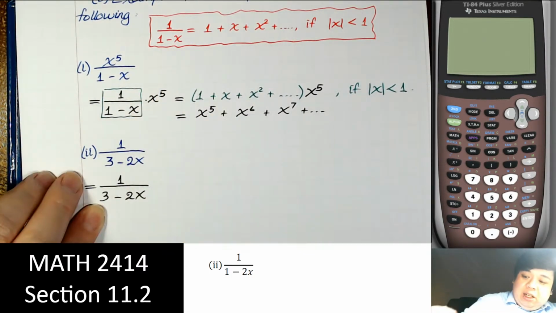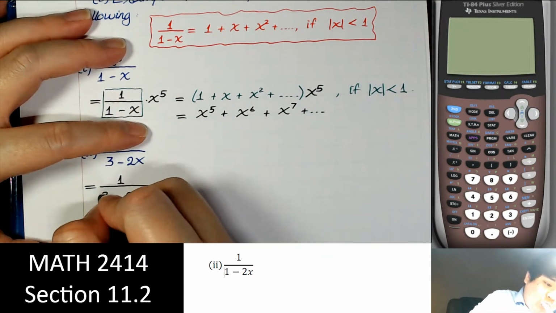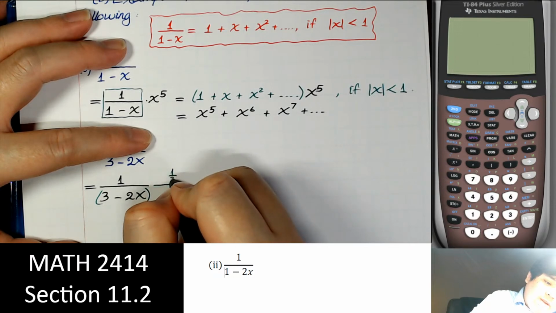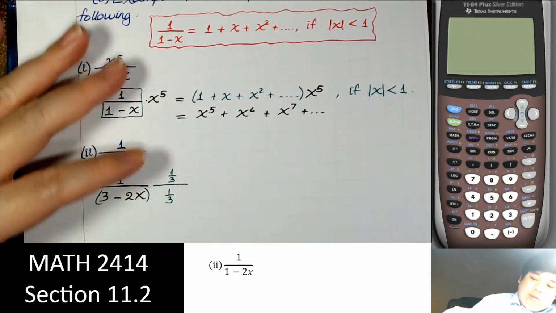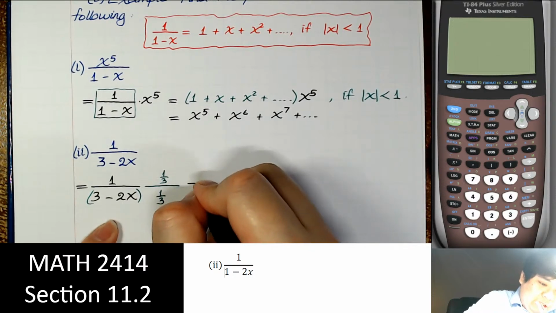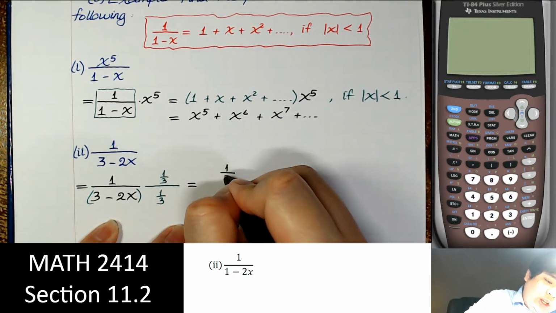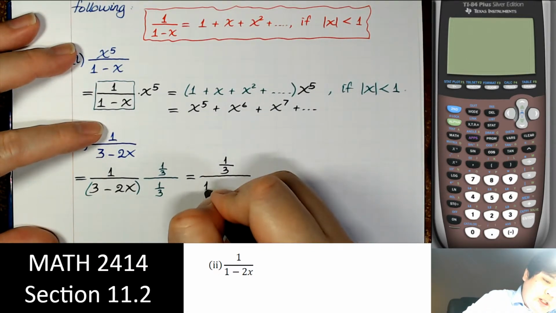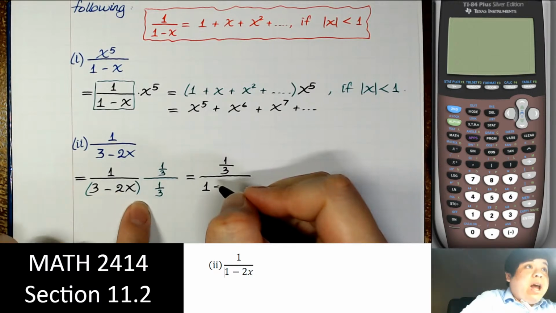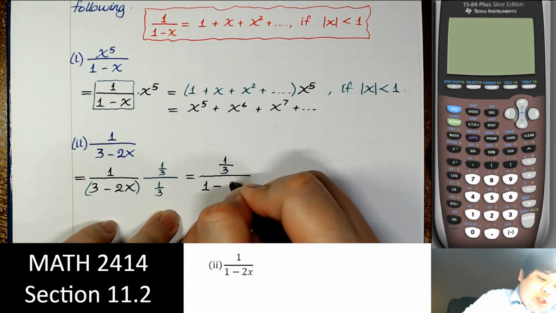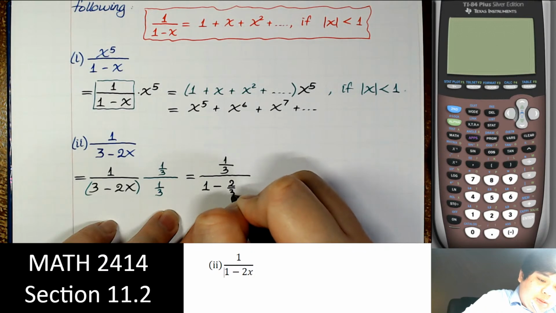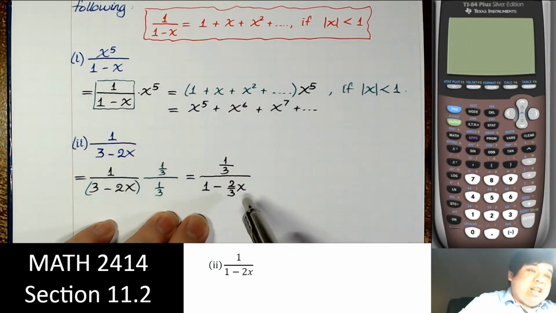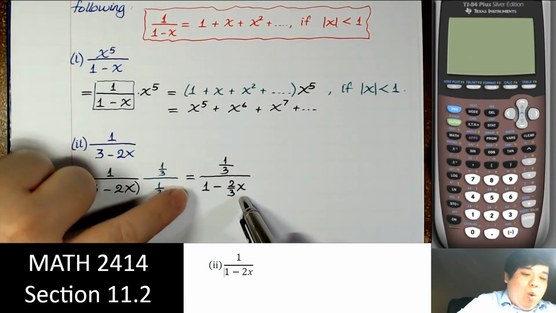So we need 1 minus something. In order to get back to 1, what we do is multiply 1/3 on the top and 1/3 at the bottom. So we have 1 over 3 on the top. At the bottom, 1/3 times 3 is 1, and then 2x times 1/3 is 2 over 3 x. So it has the form of 1 minus something.